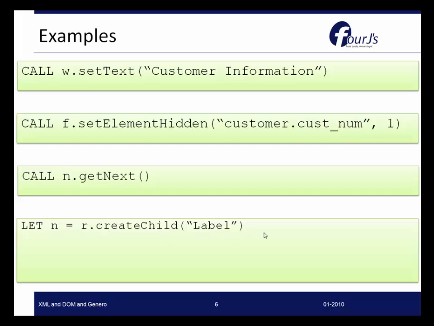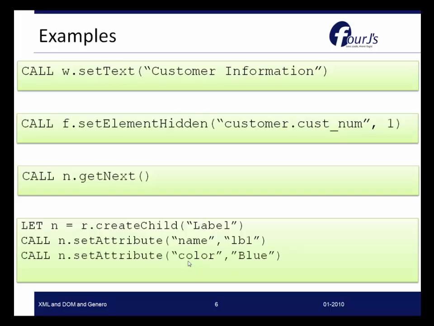Now once we have a new node created, we can go ahead and use a set attribute method to set the attributes for this new node. So here's set attribute. The name is going to be LB1. We're setting the color of this new label node to be blue, and set the text of this new label node to say PO Box.